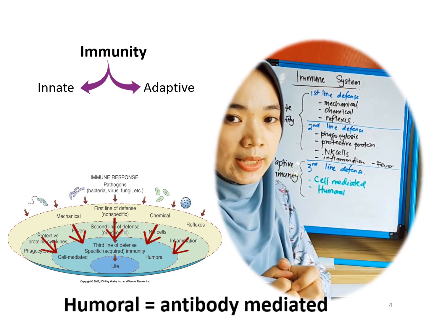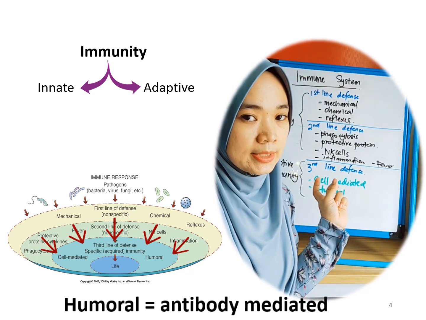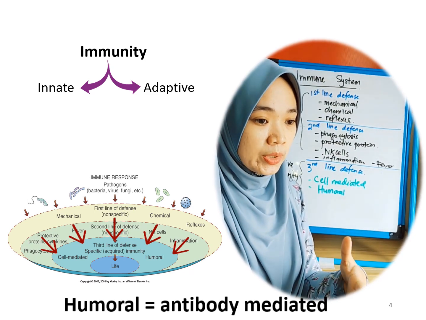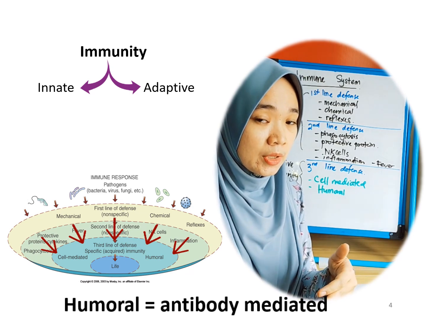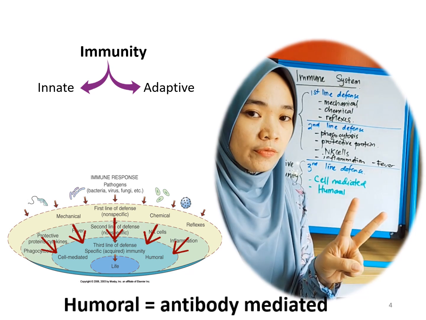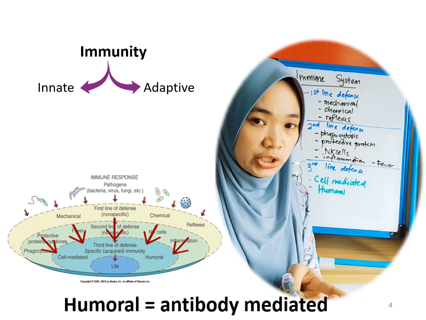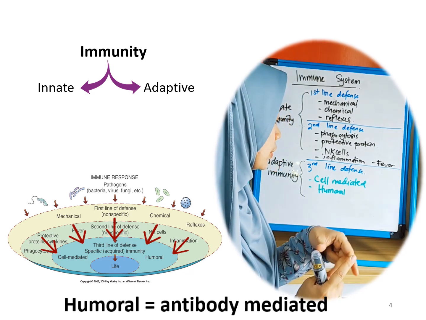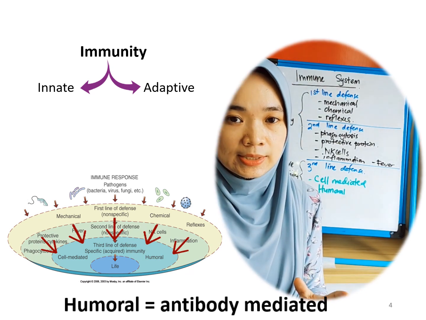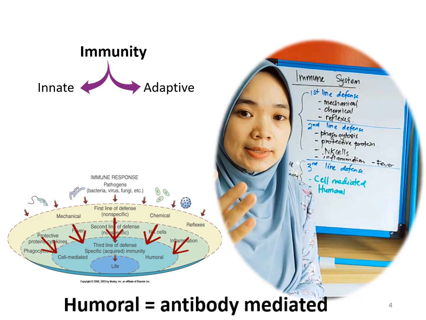What is the meaning of adaptive immunity? So adaptive, from the name itself, they are adapted to a certain condition, to a certain situation. Under adaptive immunity, we have two types of adaptive immunity, which are artificial and natural adaptive immunity. So this third line defense will not be activated until they recognize the pathogen.